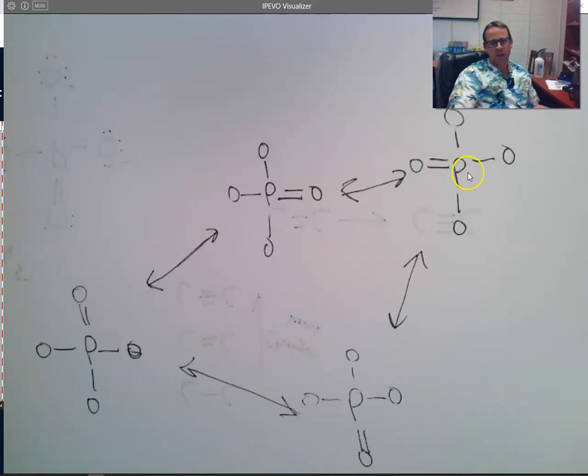So the phosphate ion, for example, PO4 3-, finds stability in having more spaces where the electron density can move around. All right? And so the strength of these bonds would all be an average of the strength of all those bonds. The length of these bonds would all be an average of the length of all those bonds experimentally.